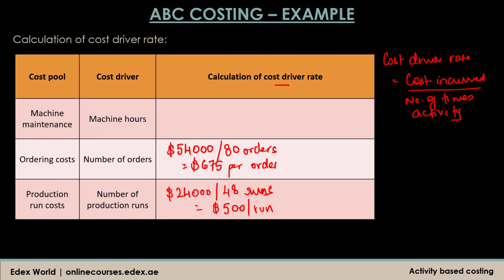So how much would be the maintenance cost per machine hour? 264,000 divided by 32,000 machine hours will give us a cost driver rate of $8.25 per machine hour. So till now we've calculated the cost driver rate. Now in the next slide we will see how we can use this cost driver rate to absorb the overheads onto the products.